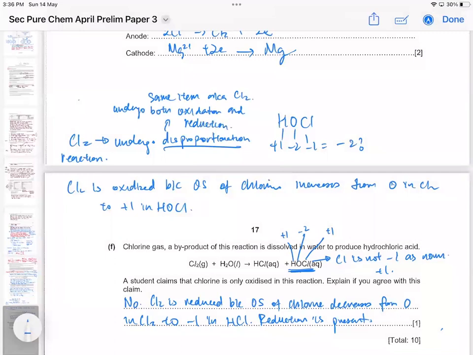It also means that this same item is oxidized, meaning it's a reducing agent, and it is reduced, meaning it's also the oxidizing agent. But more importantly, a disproportionation reaction is a reaction where the same item undergoes both oxidation and reduction.